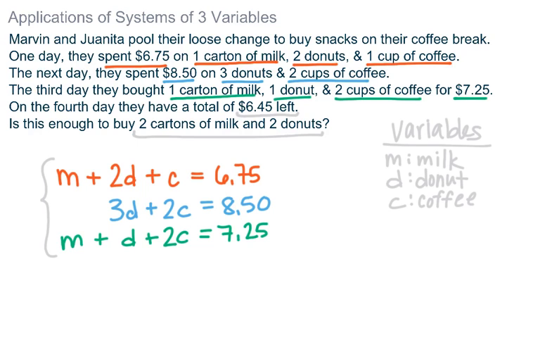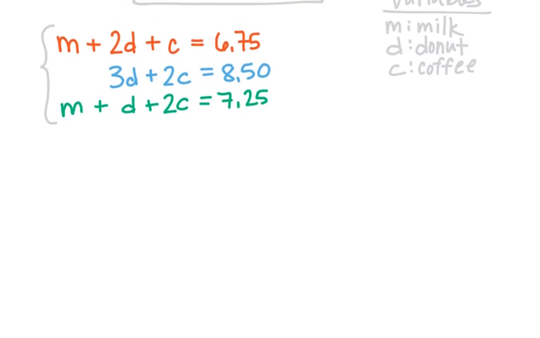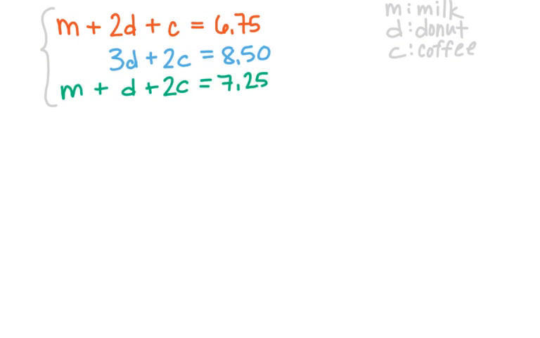What you'll notice here is my equation in the middle is already missing M. So I already have an equation with just D and C. That means I'm going to use my top red equation and my bottom green equation here with some scalar multiplication and add or subtract them from each other in order to eliminate M. So I'm going to line these up.